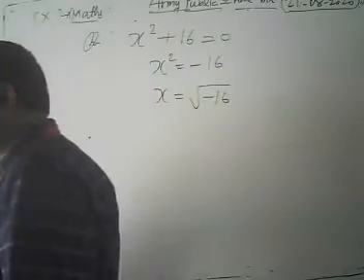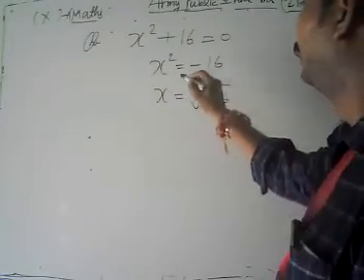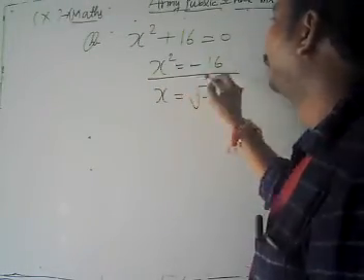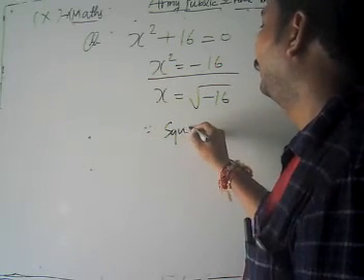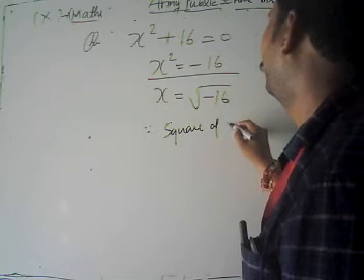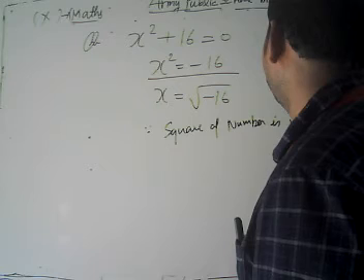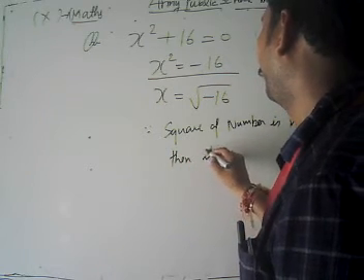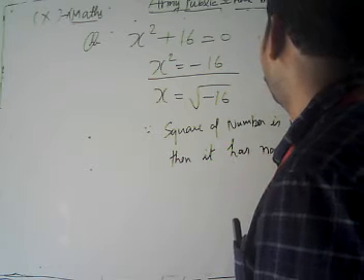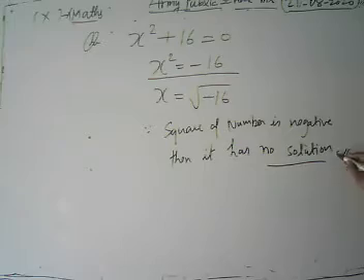Now we have to find the solution of x equal to under root -16, but we can't, because at your level, look, x is any number whose square is what? Negative. Since the square of a number is negative, it has no solution.